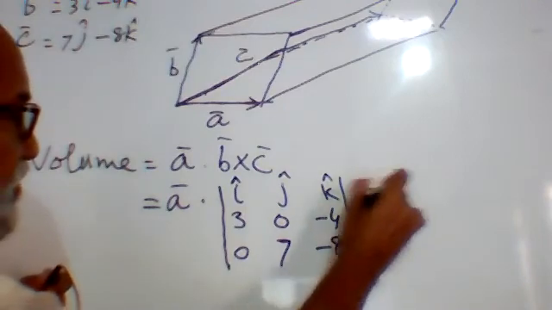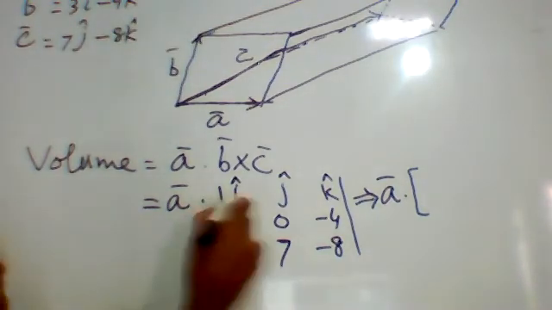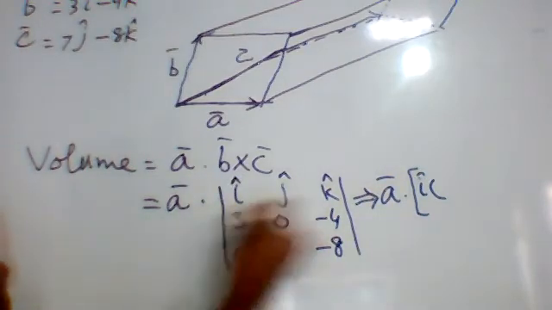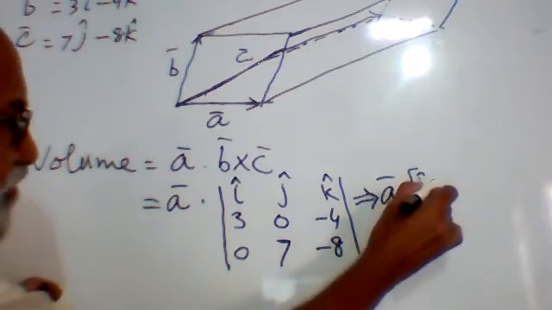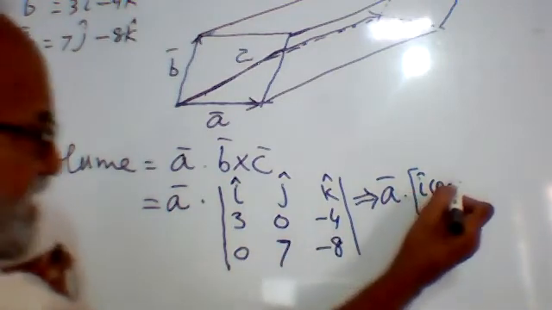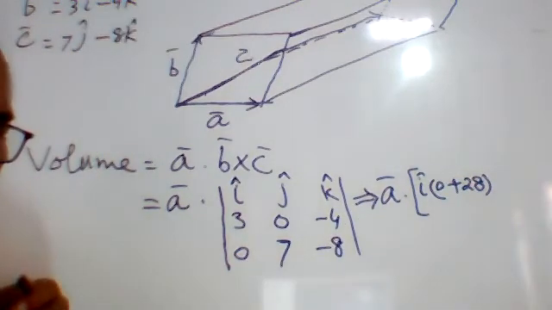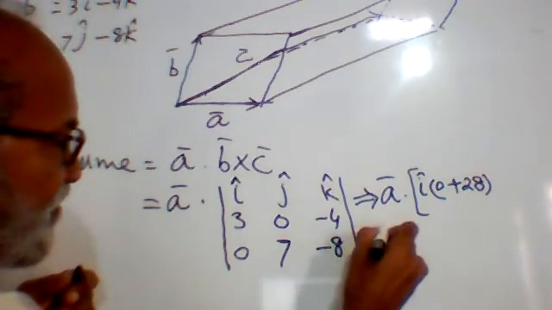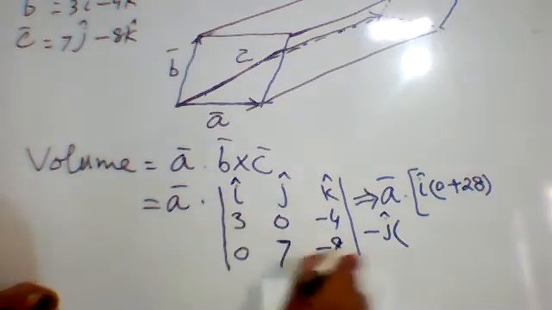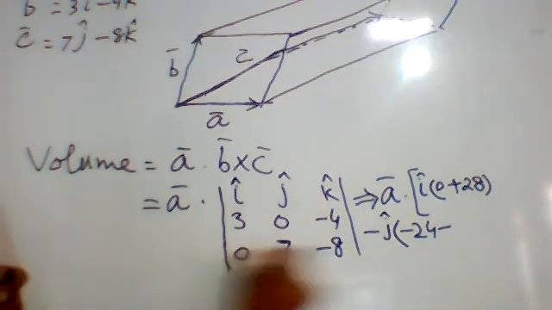A dot, larger bracket, for i, leave this column and row: 0 into minus 8 will be 0, minus 4 into 7 is minus 28, minus minus makes plus 28. Minus j, leave this column and row: 3 into minus 8 is minus 24, then minus 4 into 0 will be 0.